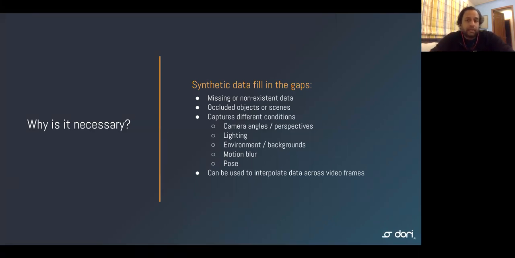You also need to handle various cases with different camera angles or conditions. Oftentimes, you only have data from a certain camera angle, but when you go to deploy your model in a different room or different perspective, you see that the model miserably fails, and you end up getting a lot of false positives or false negatives. And this is because the model hasn't been trained to handle such situations.